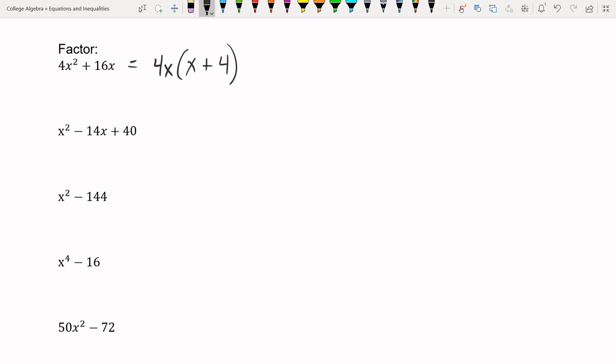Now for this next problem, this one does not have a greatest common factor. There's nothing that can be taken out of x squared, negative 14x, or 40. So we move on directly to either a binomial, trinomial, or something greater than those. This is a trinomial. There's 3 terms here, right? We have 1 term, 2 terms, 3 terms. So it's a trinomial. In trinomials, you can use the AC method to try and factor it.